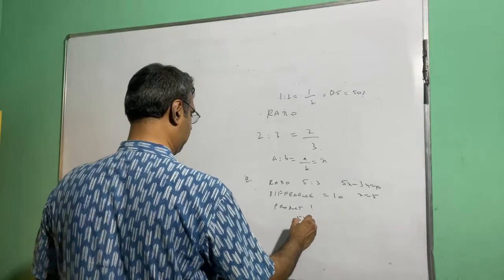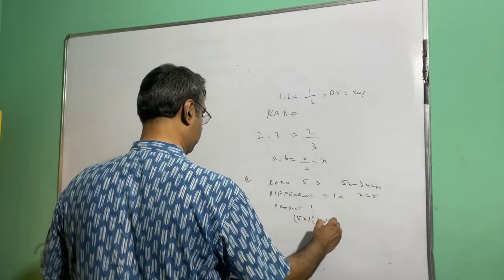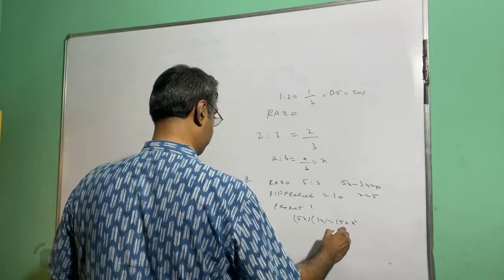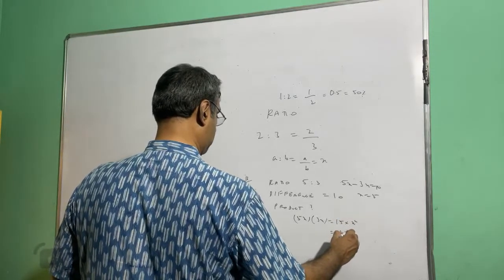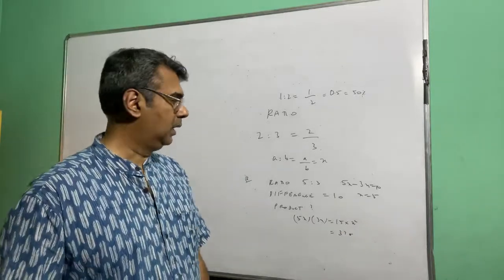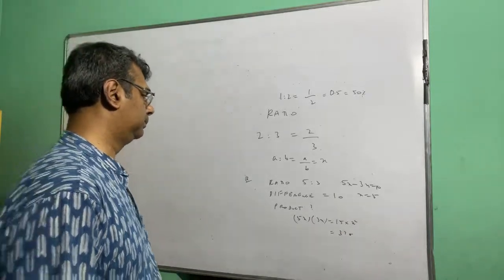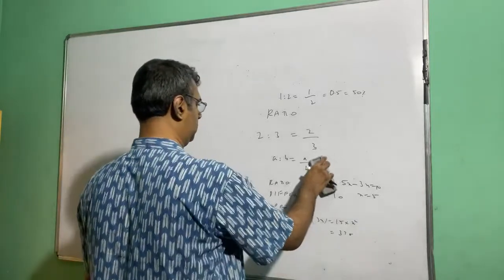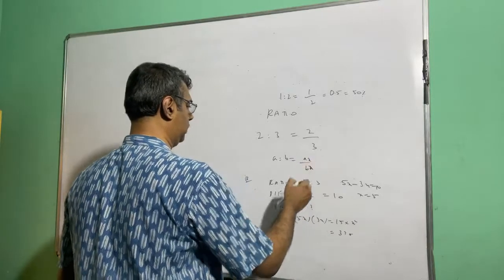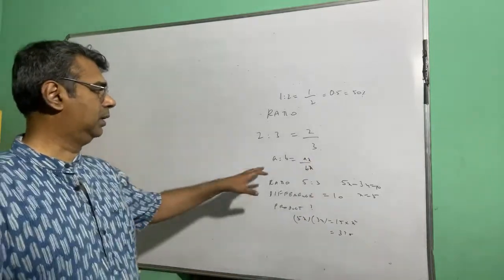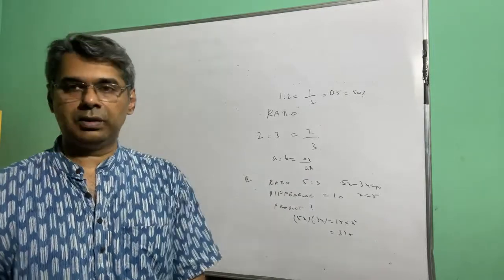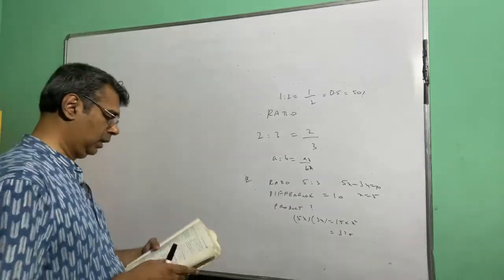The product is 5x into 3x, so 15 into x squared, which is 375. This is what we normally do in any ratio sum: we take the two quantities, a is to b, as ax and bx.